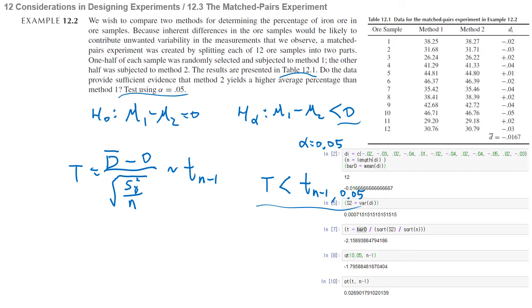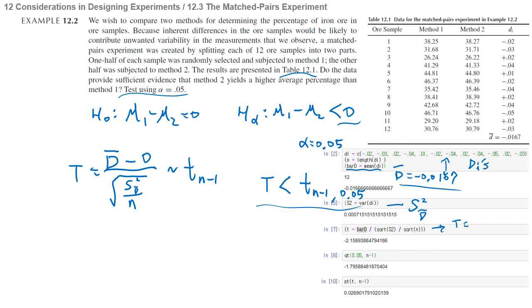So using R, firstly we put the input of di's, so these are di's, and we calculate the d bar, and our d bar is minus 0.01667. Okay, this is our d bar, and we calculate the variance of d here as s d bar squared. We calculate the variance of d bar, and here's our t statistic.